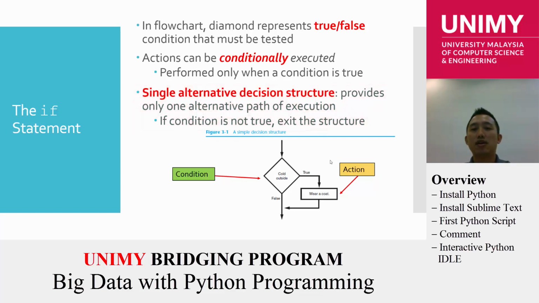The single alternative decision structure is shown in the slides. You only have one action to be taken, and you have to base it on the condition. If it's true, for example if the weather is cold outside, then you will wear a coat, otherwise you will do nothing.